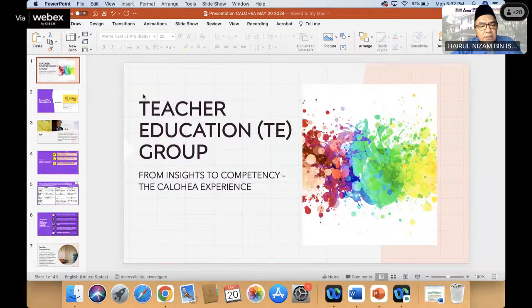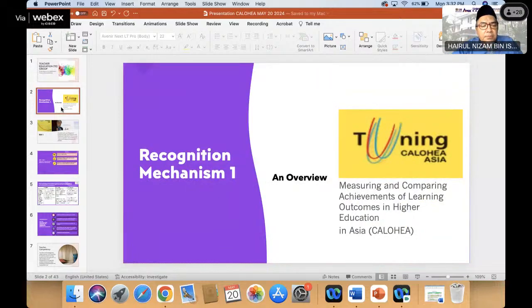Prof. Tasya has admirably defined many of the important terms. Okay, so straight to the point, where we are going to focus our presentation today for the teacher education group. Again, today we are only focusing on the first outcome, known in the CALOHEA program as recognition mechanism 1, or RM1.